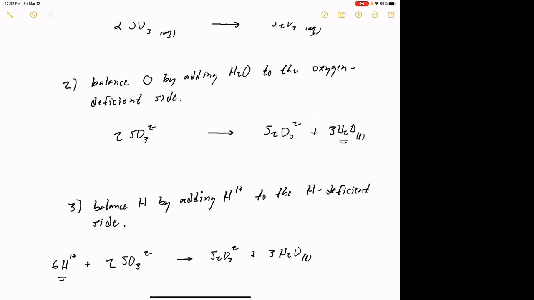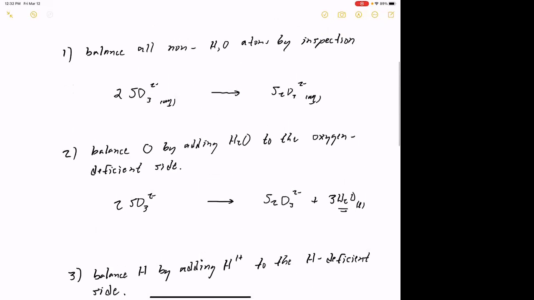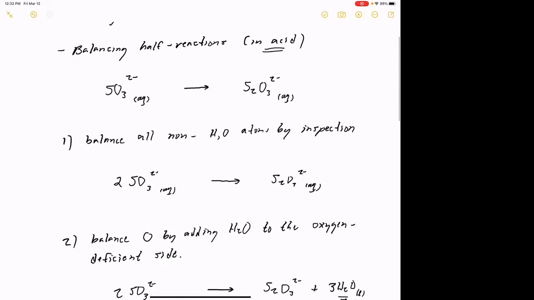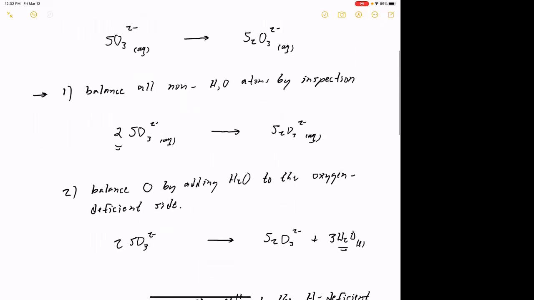Okay, so again, it's just like anything else. There's a sequential way we go through this, and we'll just review it again real quick, and we'll do another one. So again, first step is we want to balance all non-hydrogen oxygen atoms just the regular way by inspection. So that's where the 2 here came from. I'm balancing out the sulfurs. Once I got that done, then I go on to step 2.